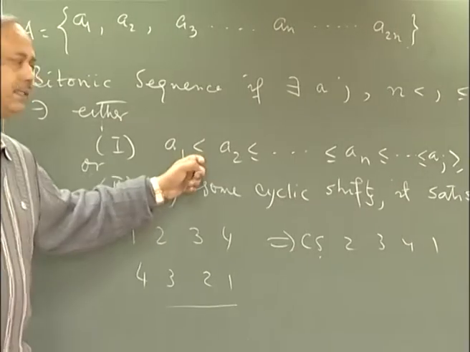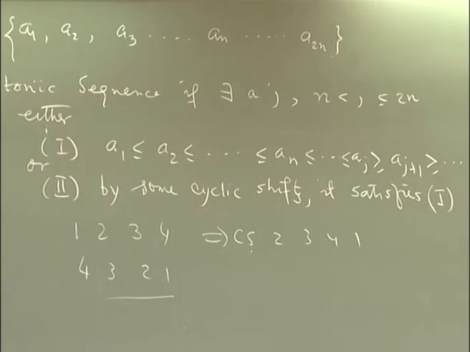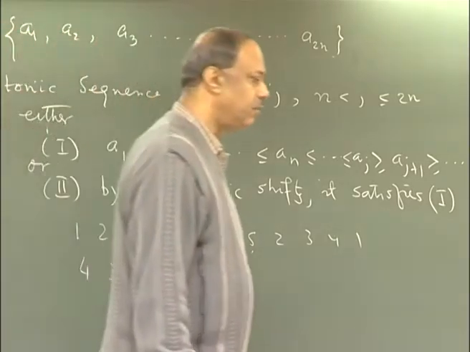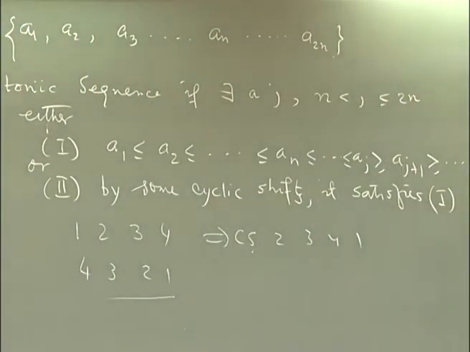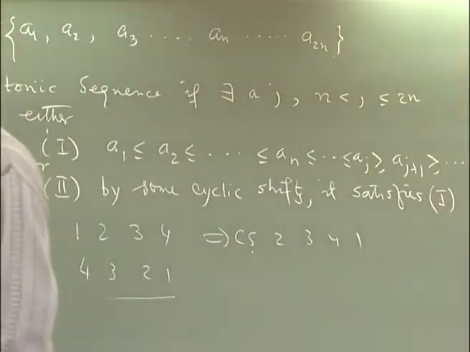Even though I have written less than equals to, it can be greater than equals to also; by cyclic shift you can show that. Also, a sequence of two elements is a bitonic sequence. The definition is clear. Any ambiguity at this stage? No.